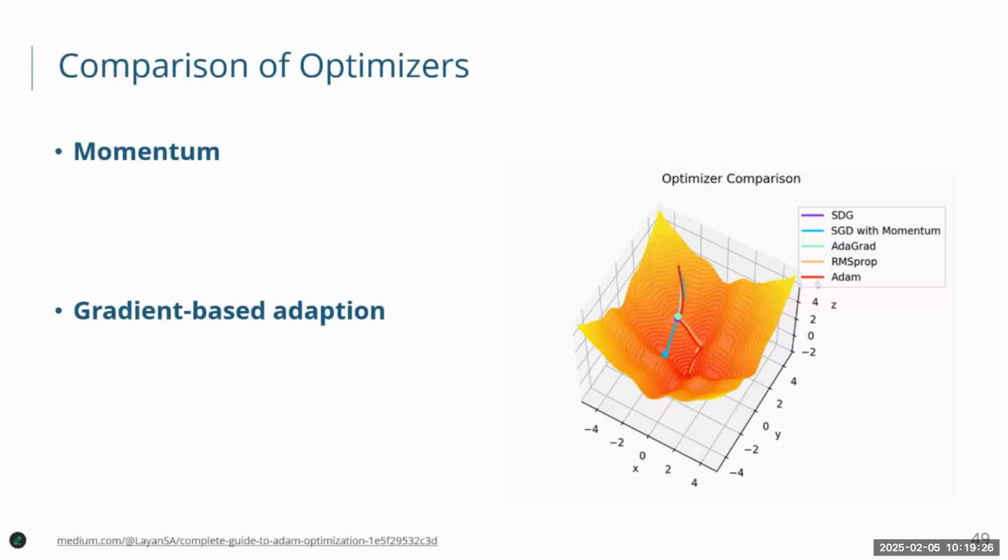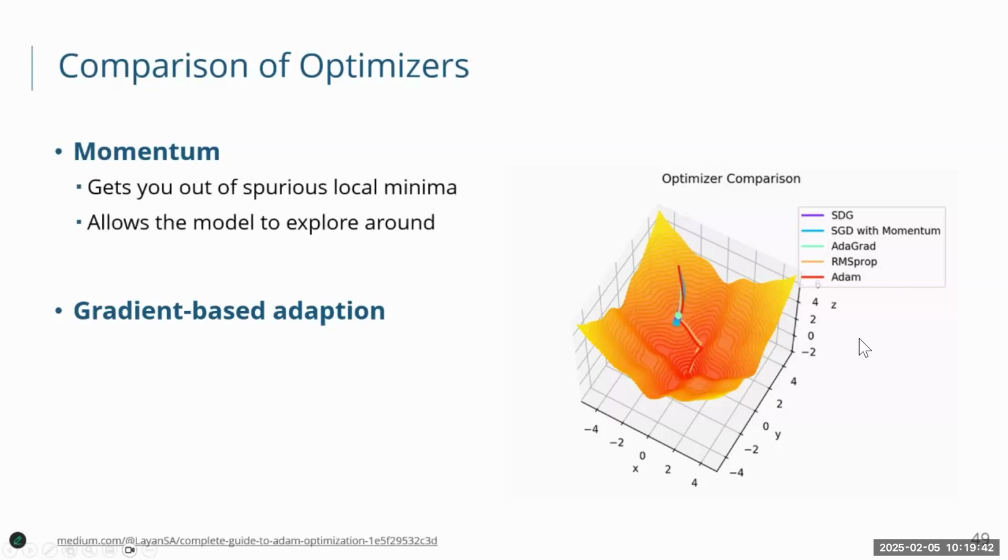There's some local minima here where it will drop and stop. Some of them, without doing any fancy trick, will stop there. But a more advanced optimizer like Adam and RMSprop will find it easier to escape that. So I guess the key takeaway here is that momentum gets you out of spurious local minima.